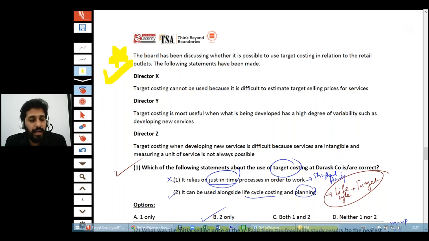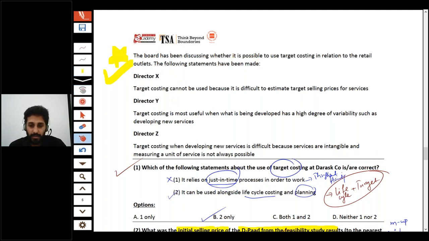And simultaneously remember that while you are reading these statements of the directors, just note down who is saying what. Okay, now I'm going to read all this information.